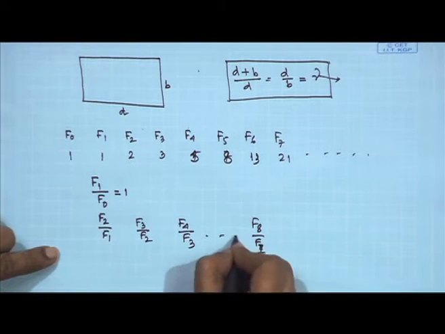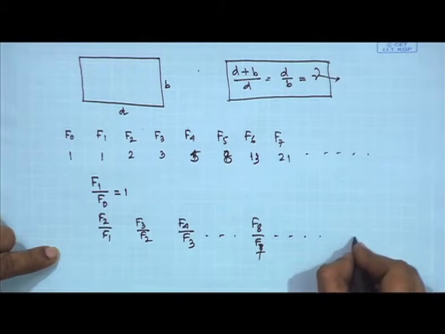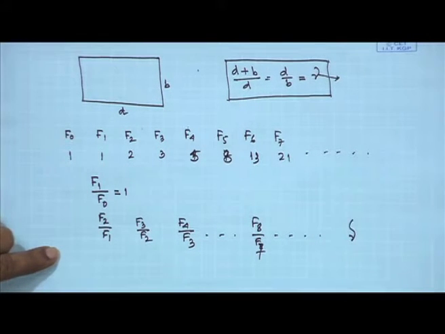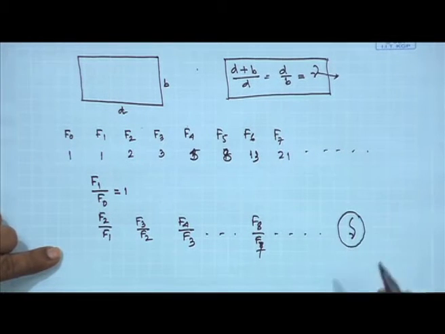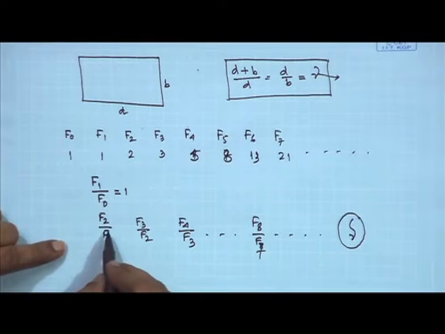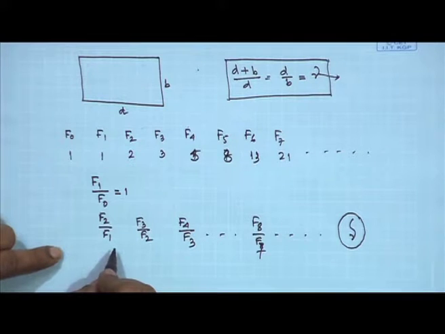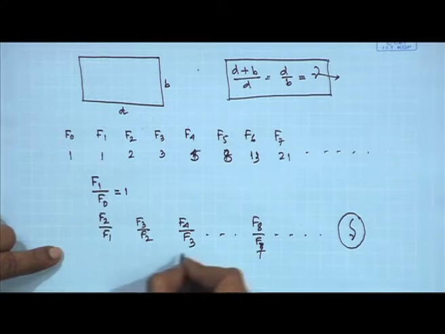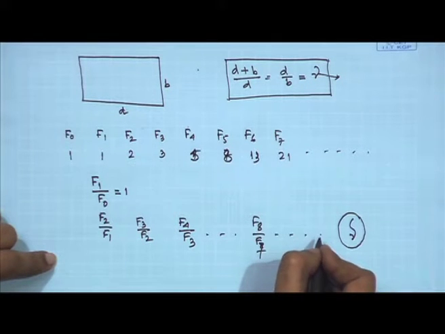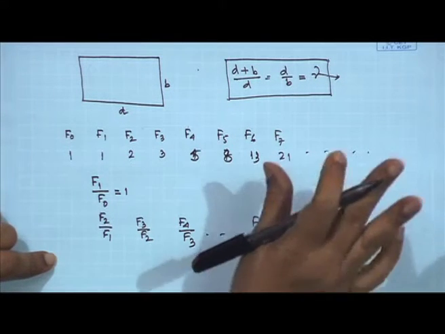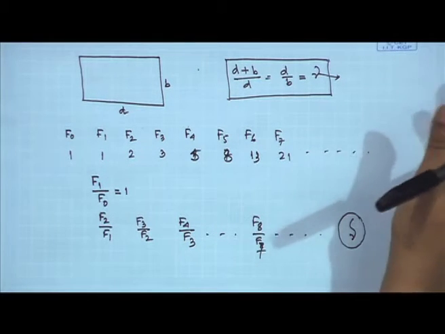If I proceed in this way, we will see that this ratio converges to the value of gamma. Now the question comes, what should be the value of gamma? You can find it by considering this ratio only. If we find the ratio values, we will see that it converges to a certain decimal value, and that is the value of gamma. That is the beauty of it.